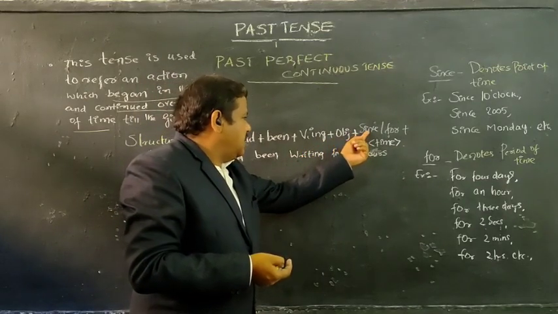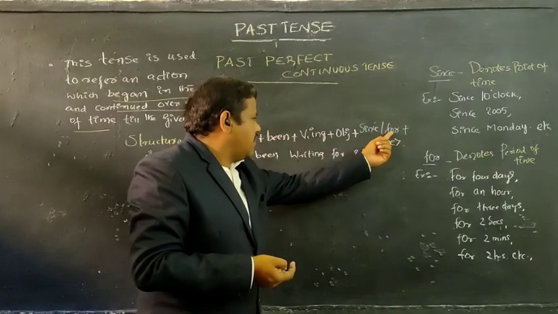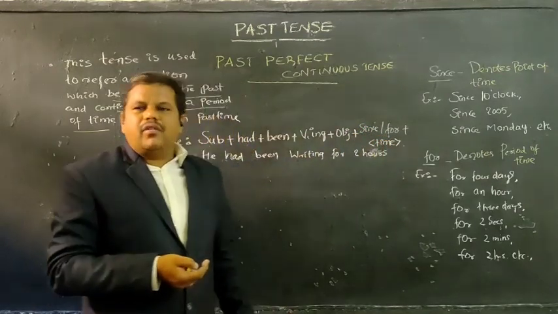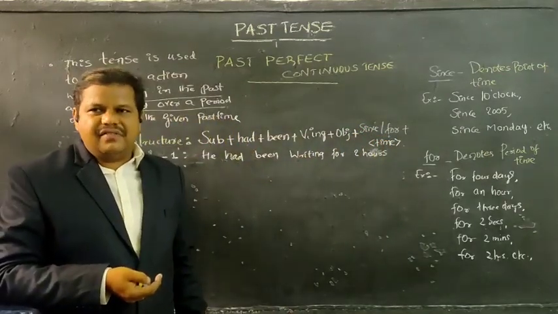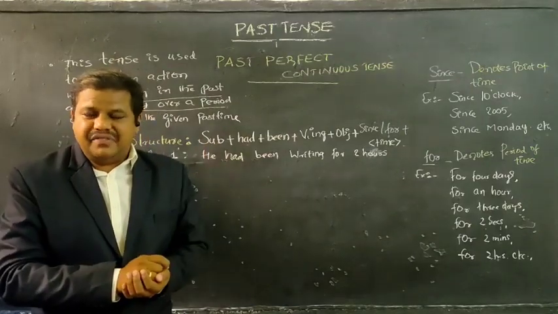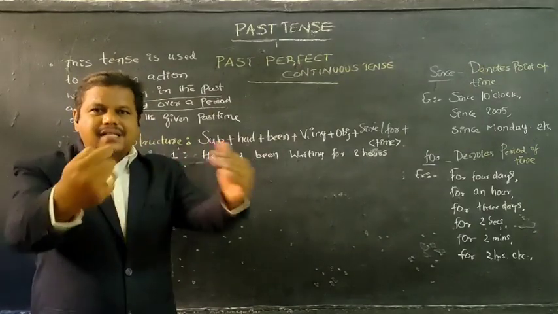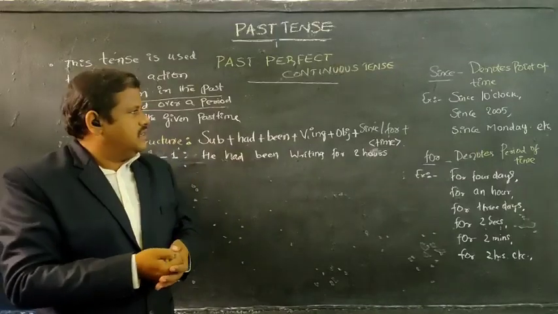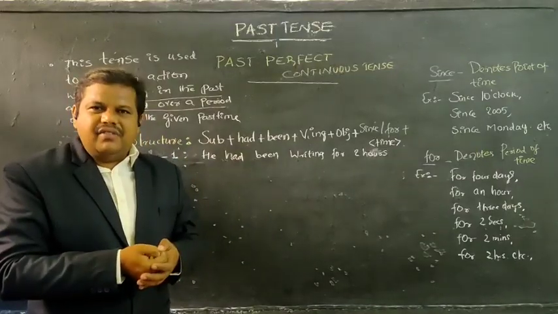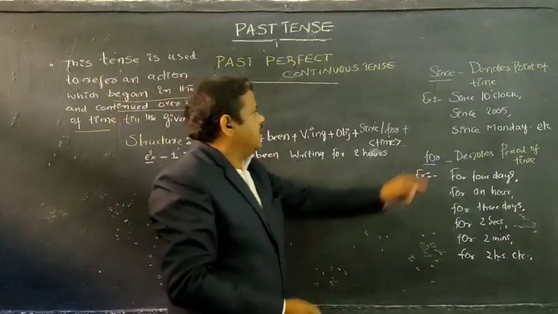Next we should use since or for plus time. Now what is the usage of since and for? I explained this in the present perfect continuous tense. Let us recapitulate why we use since and for.